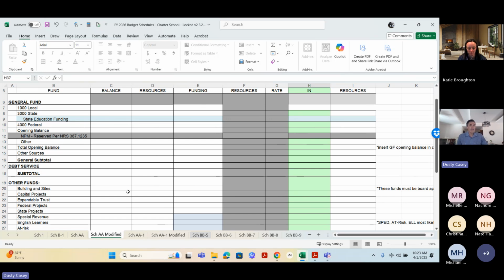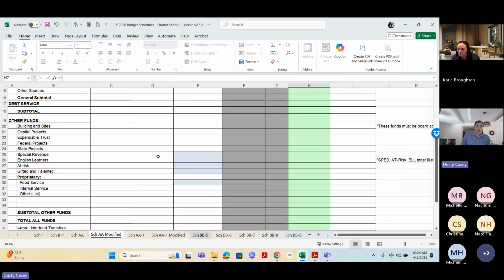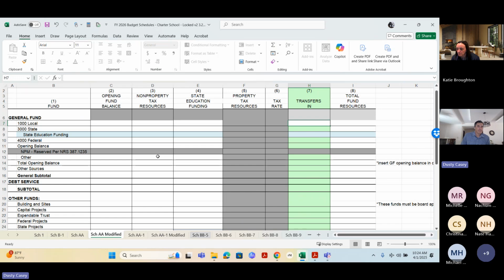But the tabs that need to be accurate, that are similar to the old budget tabs, are those B schedules. Your revenue, the stuff we went through in depth, those by program and function, they really need to be accurate. If you struggle with this one and aren't sure, honestly, I would hesitate on filling it out. But this is essentially a summary of those tabs.